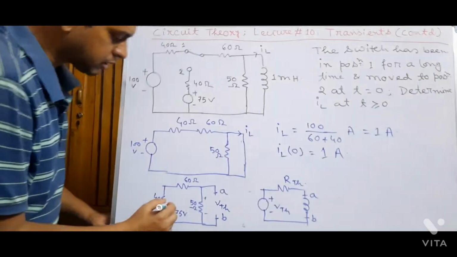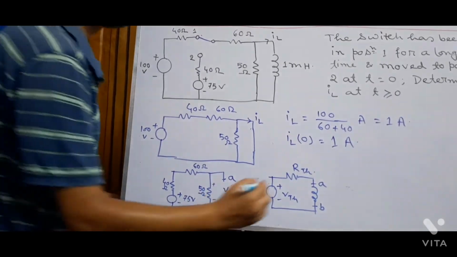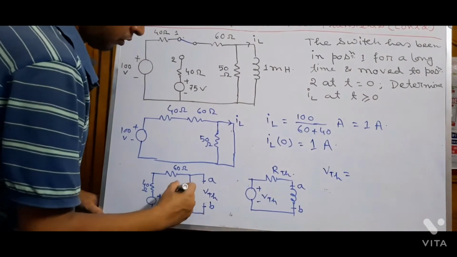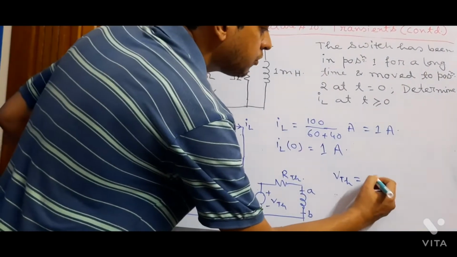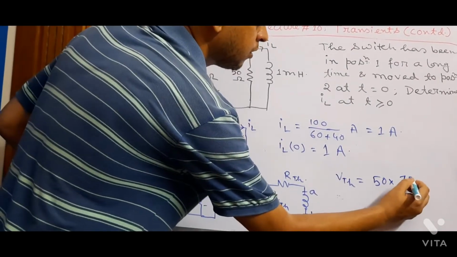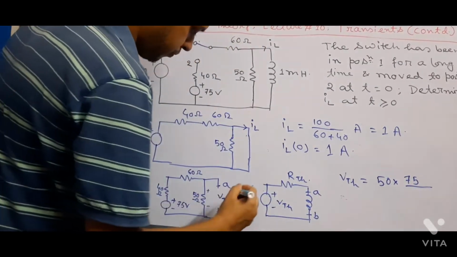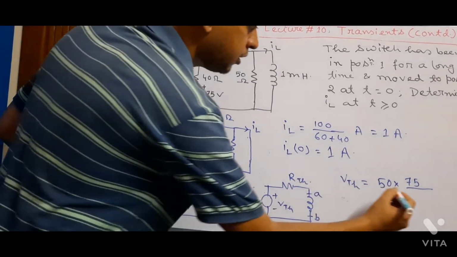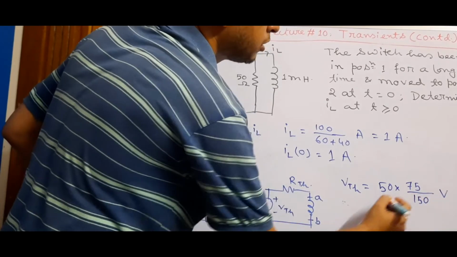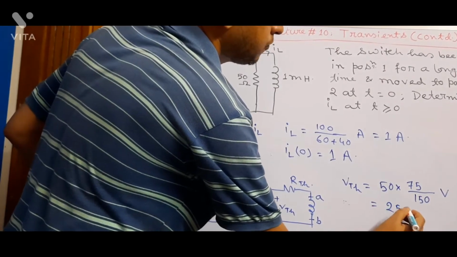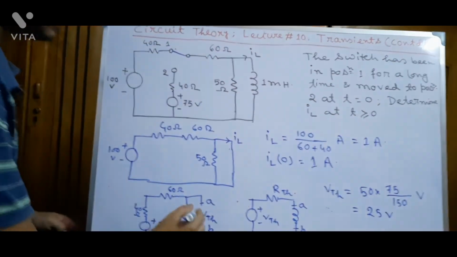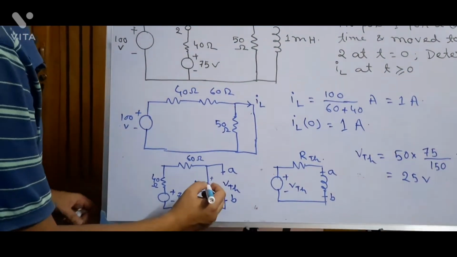So VTH equals 50 into I, where I is 75 by (60 plus 50), that is 75 by 150 ampere, so VTH is 25 volt.